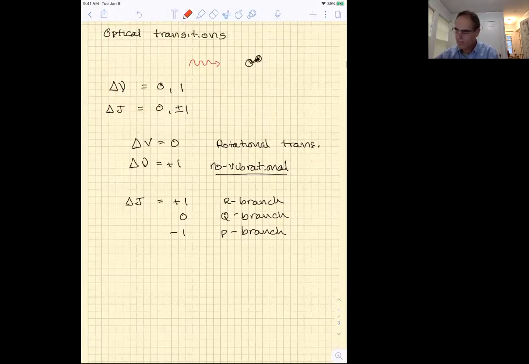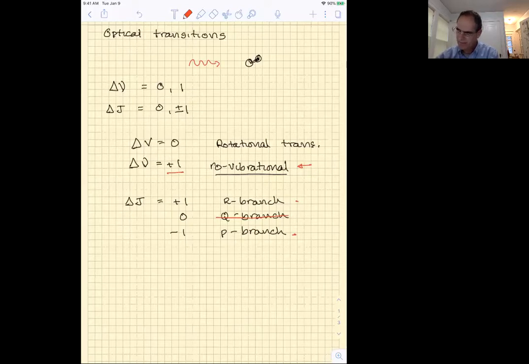For the molecules that we're going to observe today, for the particular transitions that we're going to focus on, the Q-branch transition turns out to be absent. So we'll see just R-branch and P-branch transitions, delta J equals +1 and -1. And in addition, we'll look at transitions where delta V is equal to +1. These are called rovibrational optical transitions.